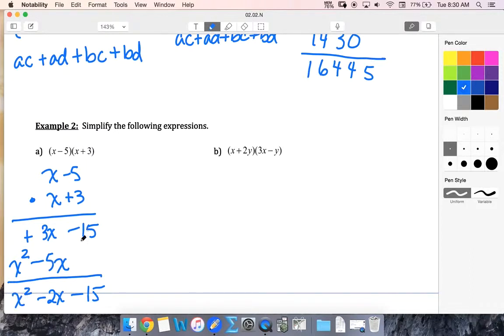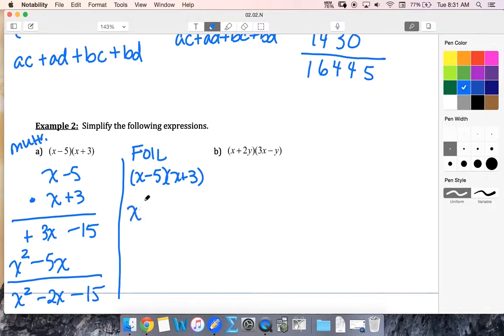So let's test that with one of our other methods. If we test that with FOIL, so this method was the multiplication method. And now FOIL, x minus 5, x plus 3. FOIL says first, x times x is x squared.